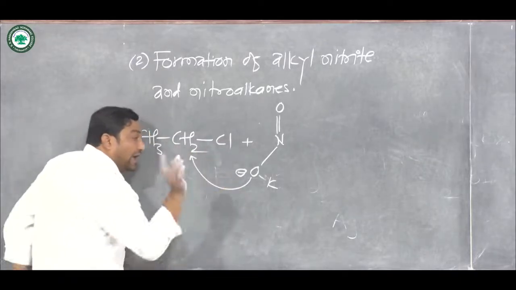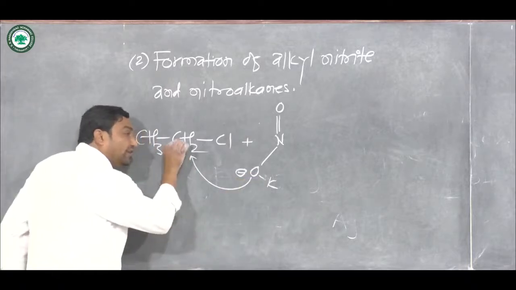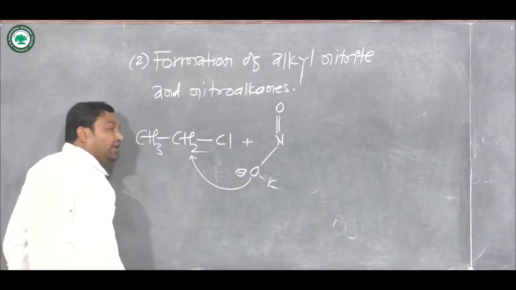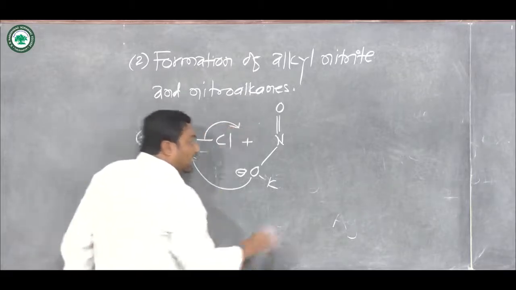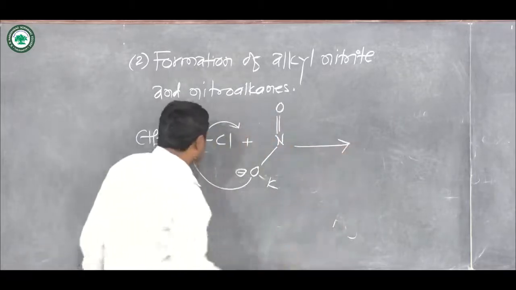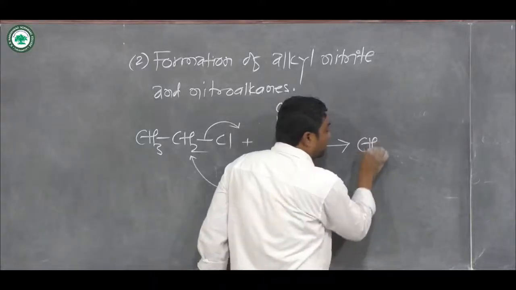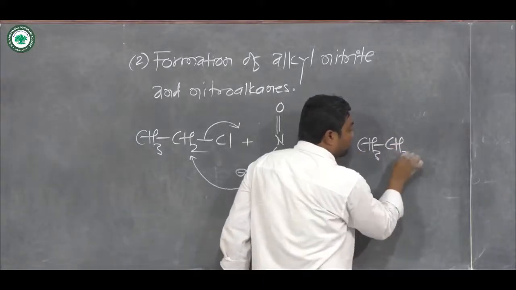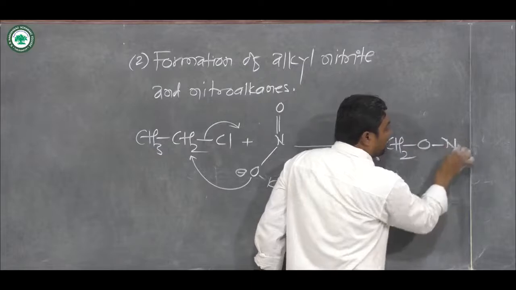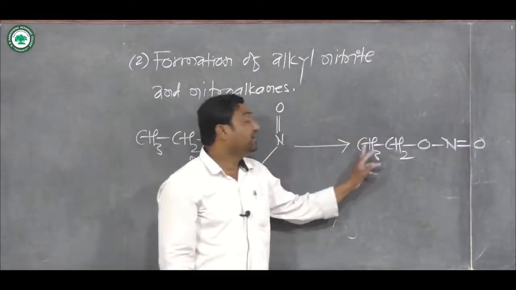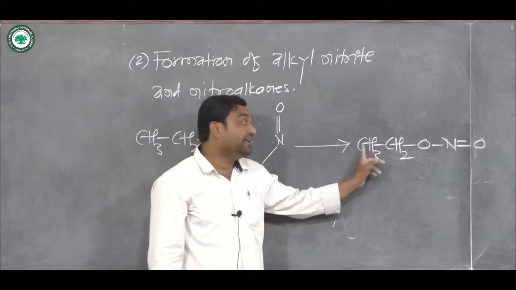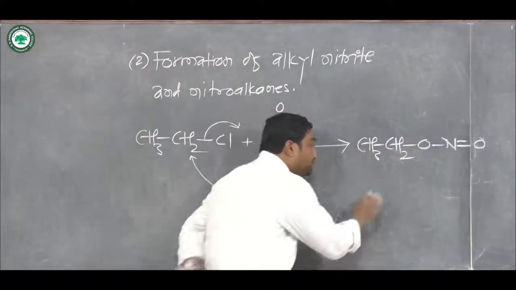As soon as it attacks this electrophilic carbon atom, the Cl atom is removed and we obtain alkyl nitrite, that is ethyl nitrite, as a product.